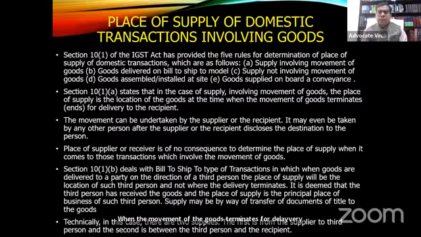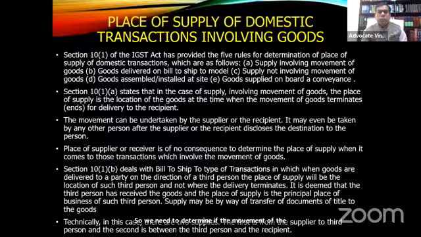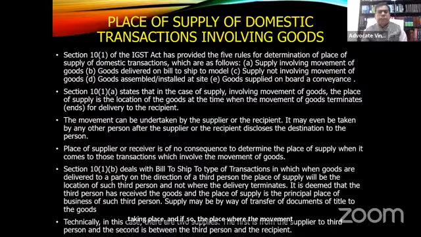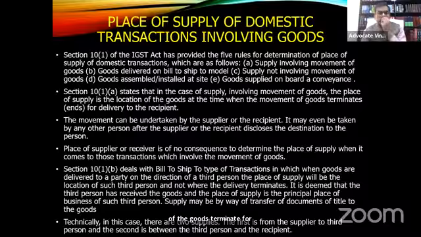So as we can see from the definition itself, for a transaction to be considered as an interstate movement, which involves movement of the goods, which is applicable with respect to most of the transactions, we need to determine if the movement of the goods is taking place, and if so, the place where the movement of the goods terminates for delivery to the recipient, that is the place which will be considered to be the place of supply.